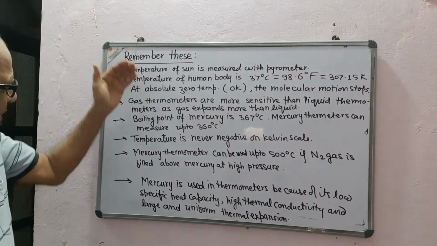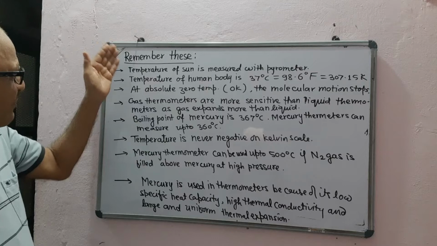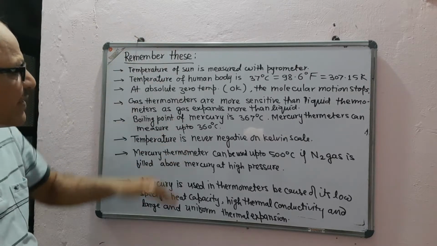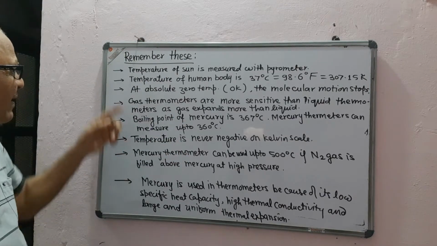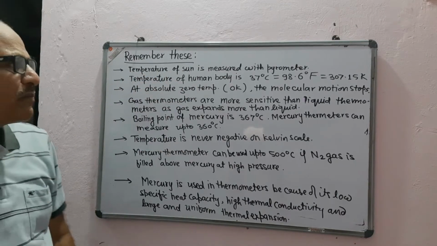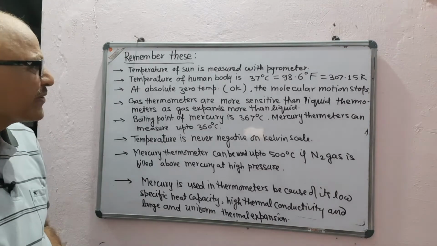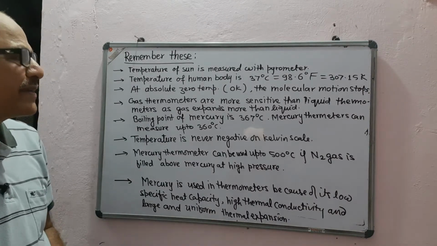Now, related to thermometry, you must remember these important things. First, temperature of sun is measured with pyrometer. Pyrometer is also a device to measure very high temperature.